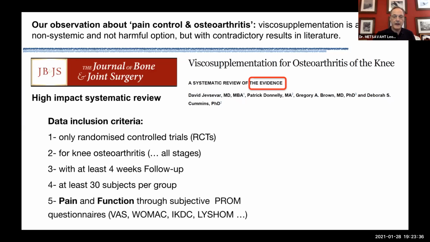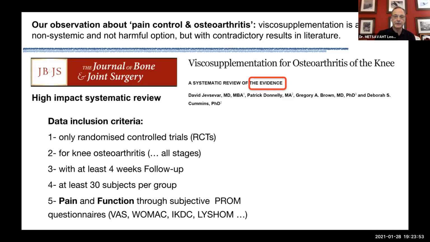They were analyzing these groups of at least 30 subjects by pain and function, through subjective prompts, those questionnaires like pain questionnaires, WOMAC, IKDC, Lysholm.